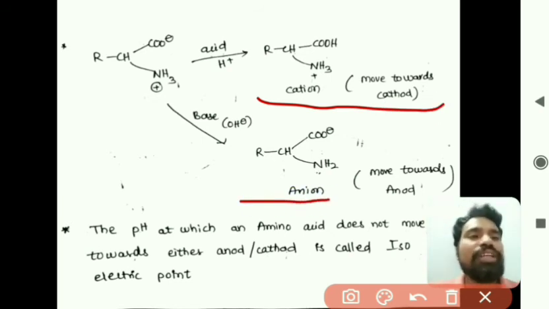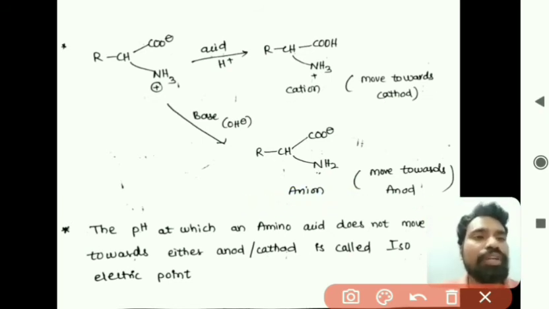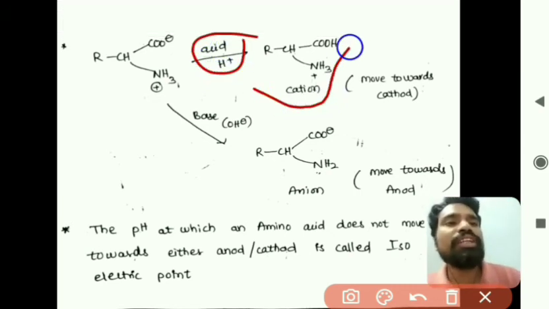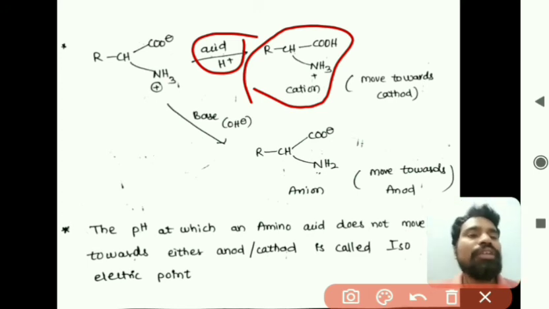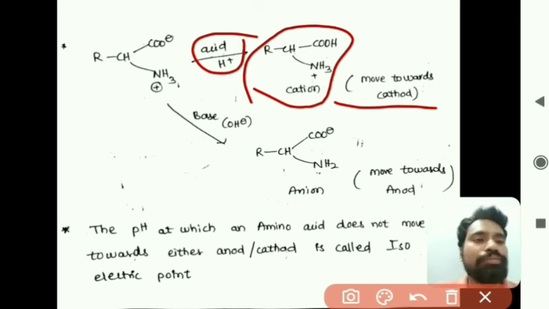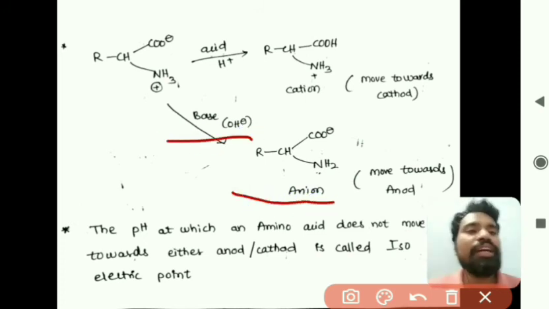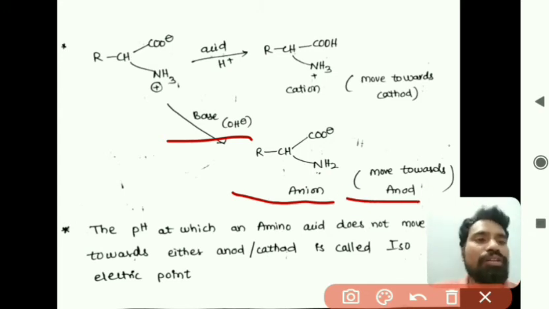When an anion is there, it moves towards the anode, right. So in the acidic medium, the amino acid exists as a cation, so when we undergo electrolysis, it moves towards the cathode. In the basic medium, it exists as an anion, so it moves towards the anode in the electrolysis process, right.